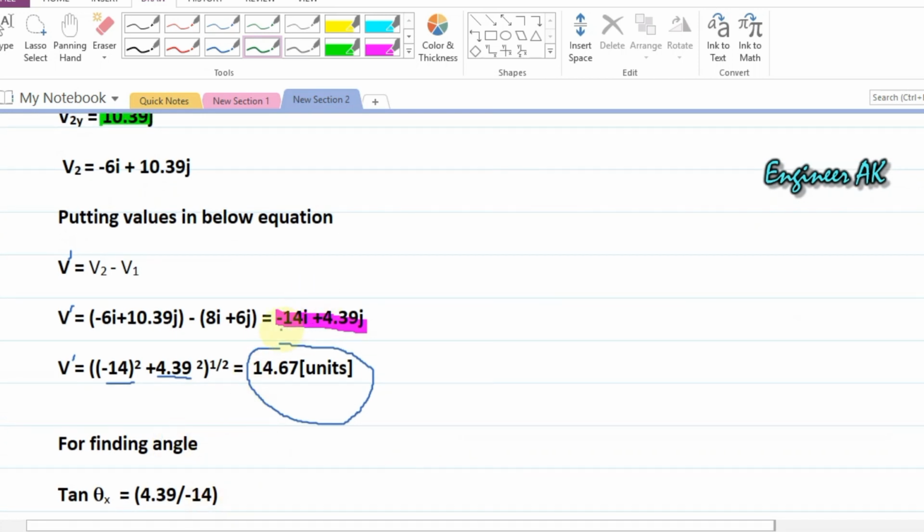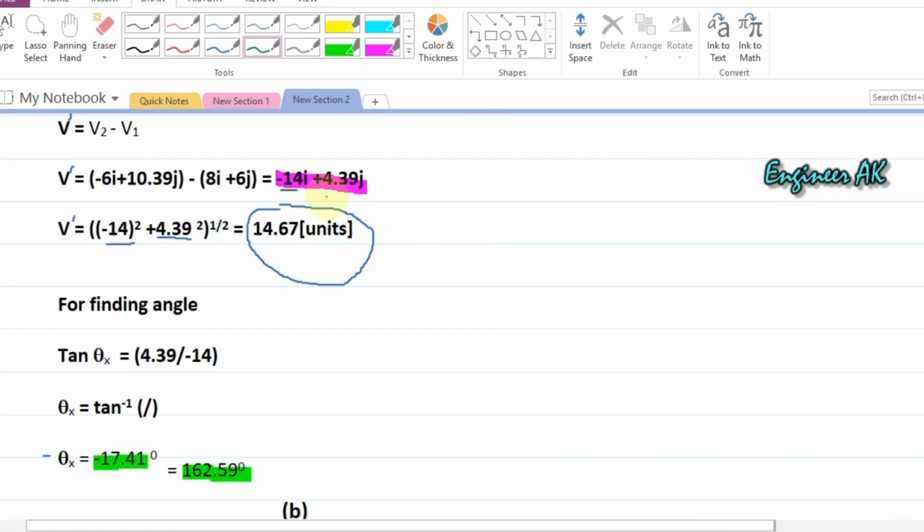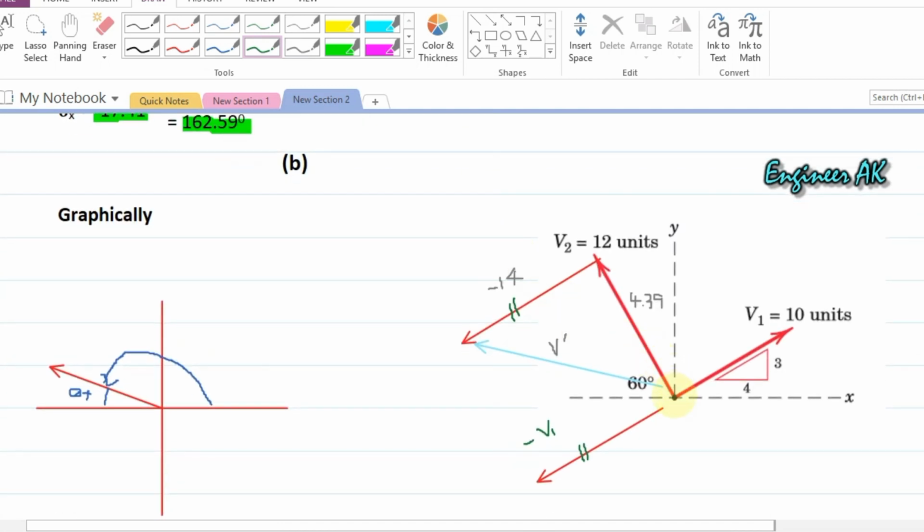And we found that v dash was v2 minus v1, and the first component was minus 14, meaning the i component is minus 14, right? That's why I have drawn this one parallel to this one. You can see that these both are parallel, in the minus direction, and the second component was in the positive direction, so I have drawn it in the positive direction, and then we have to draw the resultant.